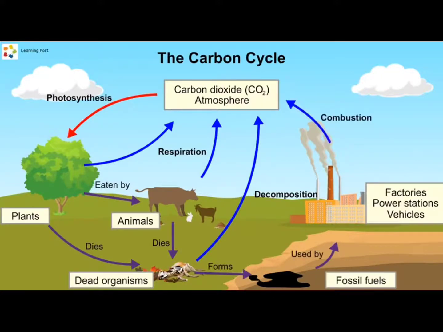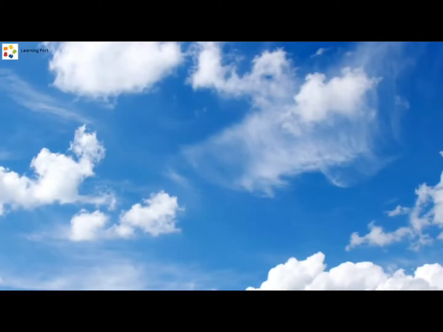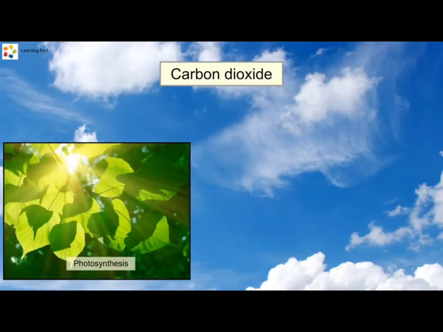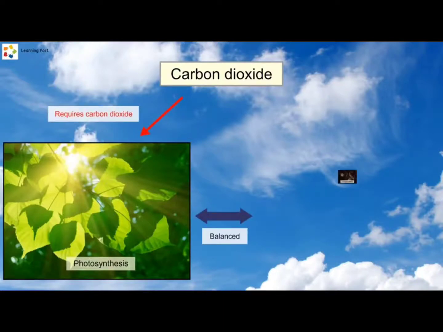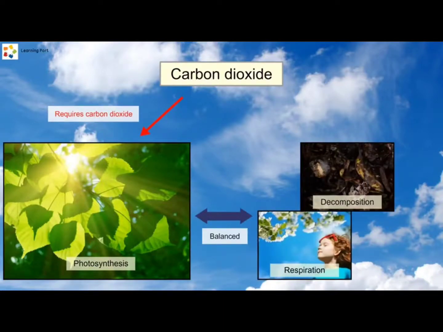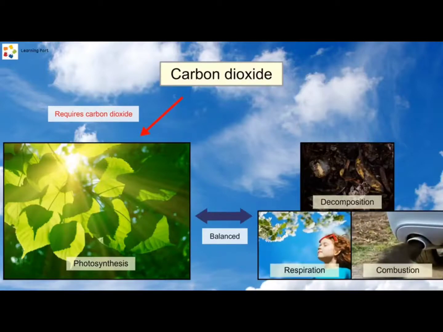The combustion or burning of fossil fuels also releases carbon dioxide into the air. In summary, the amount of carbon dioxide in the atmosphere is maintained when photosynthesis, which is a process that requires carbon dioxide, is balanced by decomposition, respiration, and combustion, which are processes that release carbon dioxide.